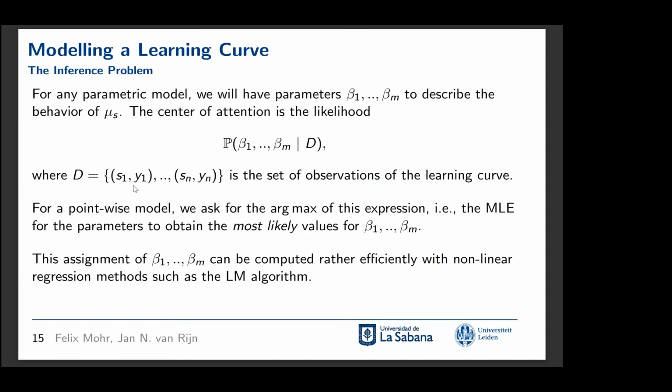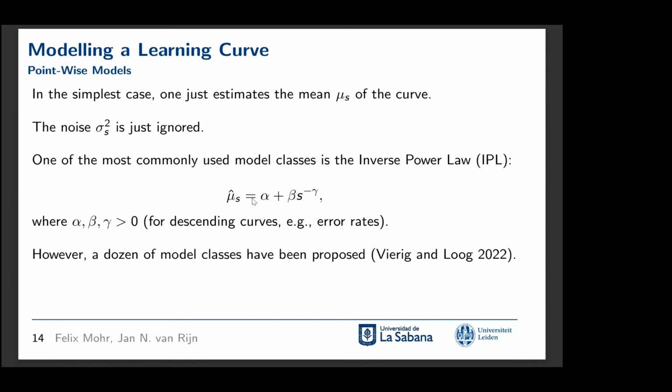And then for a point-wise model, if we're just interested in one curve, what we ask for is the maximum likelihood estimator, which is just the argmax of that expression up there. So which are the parameters that are most likely to describe the mean learning curve well? If we look at this function on the last slide, in the case of the inverse power law, we can see this is basically a non-linear regression problem, and you can solve it with any non-linear regression algorithm, like, for example, Levenberg-Marquardt, which we used a lot, but you can also use others.